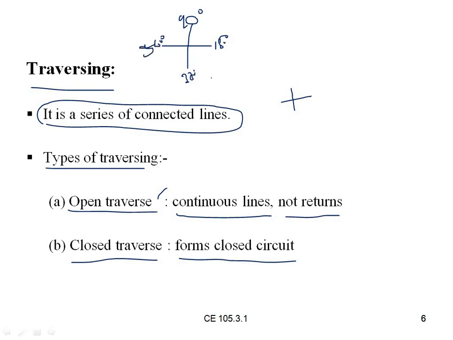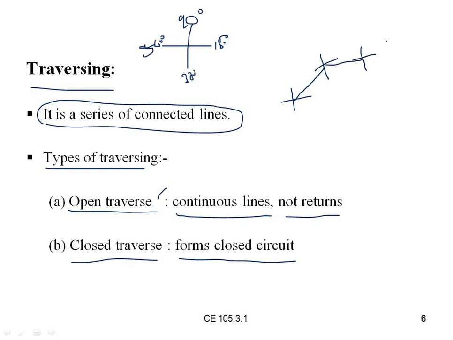Here, whatever the quadrants are, there are four quadrants. If the traverse starts like this, it will be going on like this.